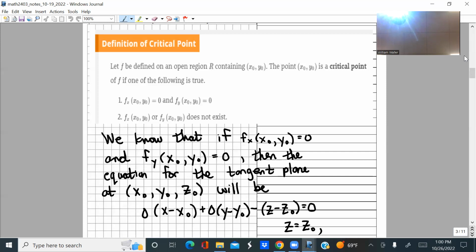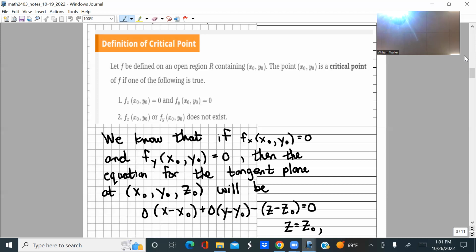Careful, it's possible. If you have a peak or a valley, one of those conditions has to be true. But unfortunately, the opposite is not the case. I'm going to show you. So be careful of that.